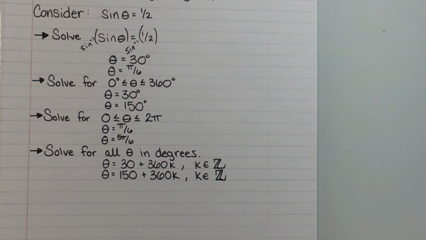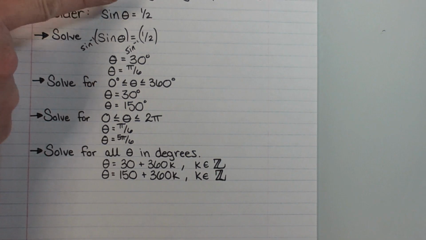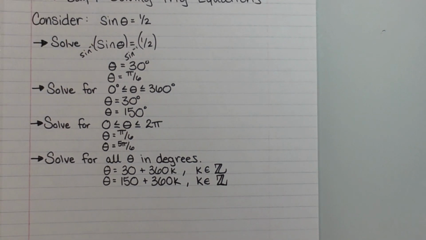Or you might have to take into account that these trig equations might not just be sine equals a number. It might have sine squared involved. It might have both sine and cosine involved. And so, in 13.5, we start to get to all the different ways we can manipulate equations to get it to this point where I could start using either my unit circle or my calculator to solve.